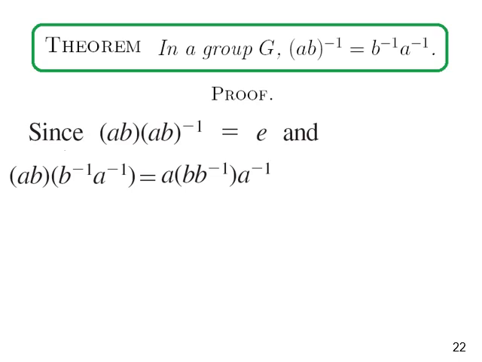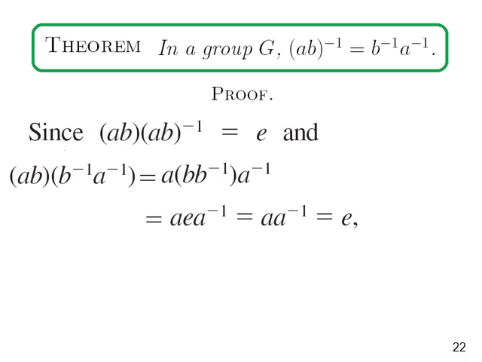This product b·b^-1 gives the identity. So we have a times e times a^-1. The e product with a^-1 gives a·a^-1, and all gives e. So that b^-1·a^-1 is the inverse of ab.